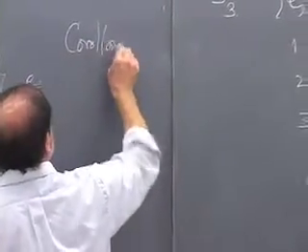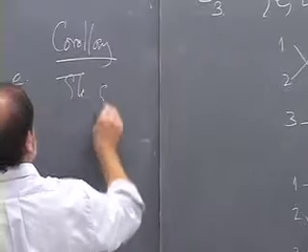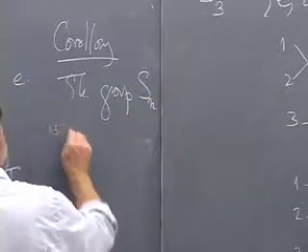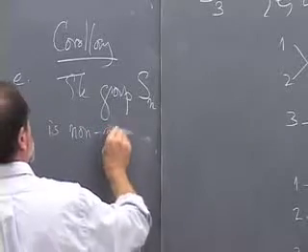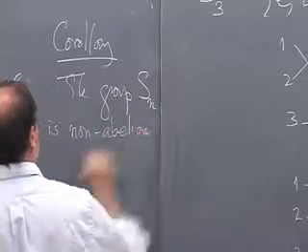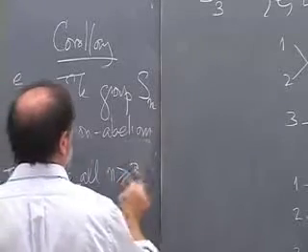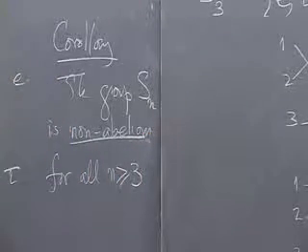Corollary. The group Sn, the symmetric group on n letters, is non-abelian for all n larger than or equal to 3. So once we permute more than 3 elements, we have a non-abelian group.